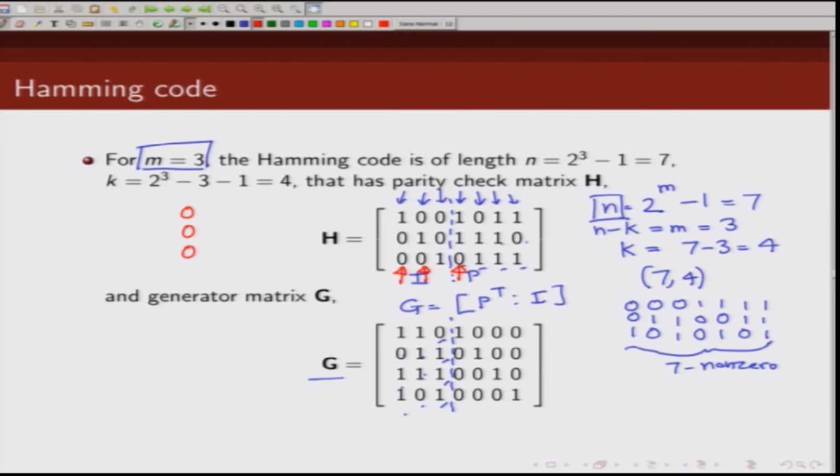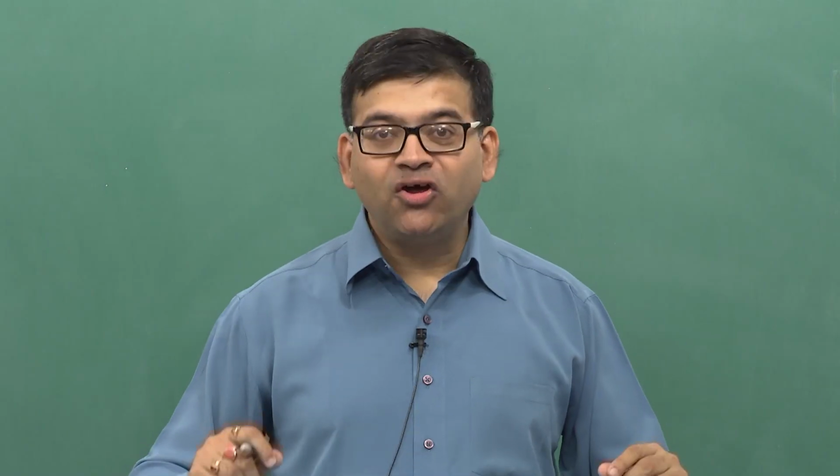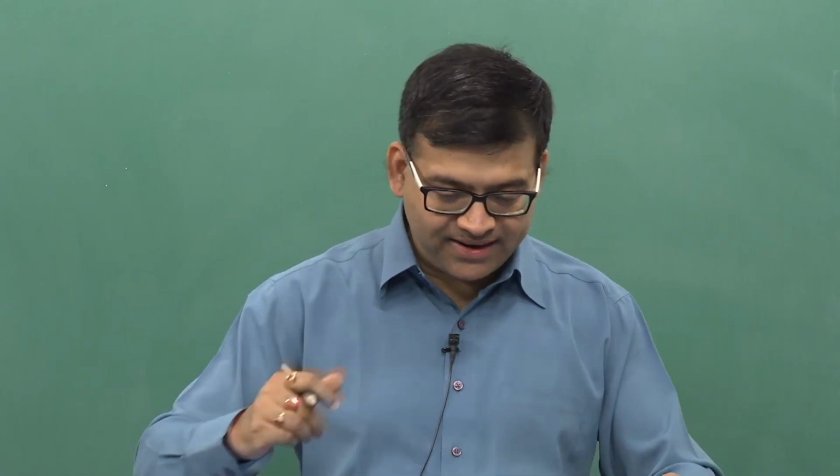So, the minimum distance of this code is 3. What is the error correcting capability of this code? It is floor of (d minus 1) by 2, and this comes out to be 1. So, Hamming code can correct a single error. Let us see how we can use Hamming codes to correct a single error.